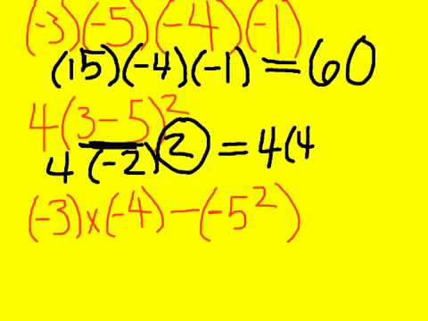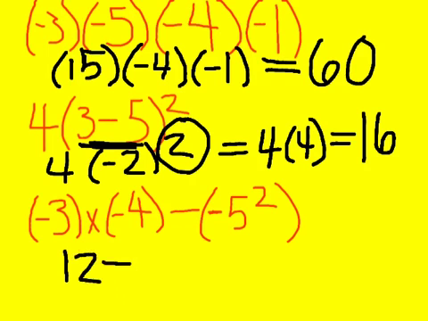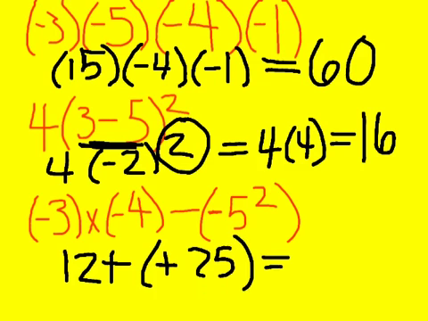That'll give us 4. And 4 times 4 will give us 16. For the last one, negative 3 times negative 4 gives us a positive 12 minus. This one, the negative 5 is not in parentheses with the exponent on the outside, so the 5 and the negative will be separate. So we'll have a negative 25. And when you minus a negative, you can change it to plus positive. So that gives us 37.